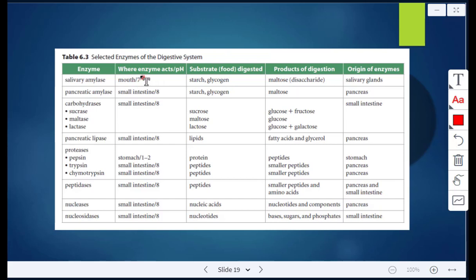The pH level is about 7 in the mouth. The food that's digested are starches and glycogen. The product of digestion is taking that polysaccharide or starch and digesting it to make it into a disaccharide. And the origin of the enzyme is the salivary glands. A very important chart, a summary chart of all the enzymes of the digestive system.